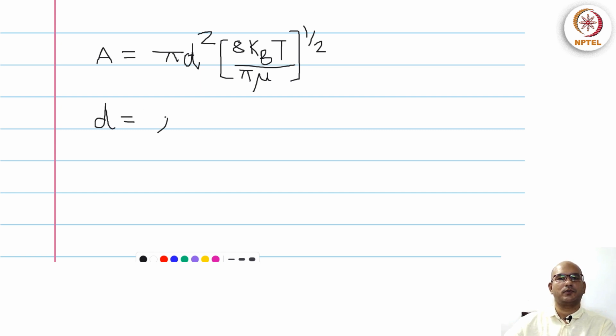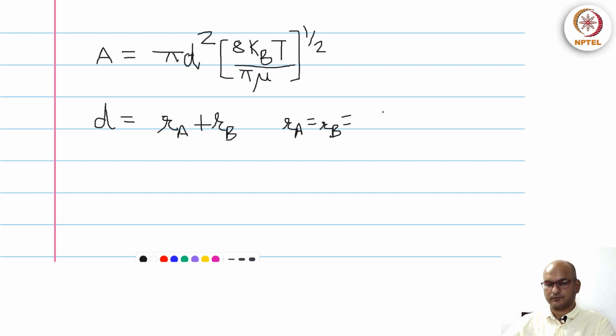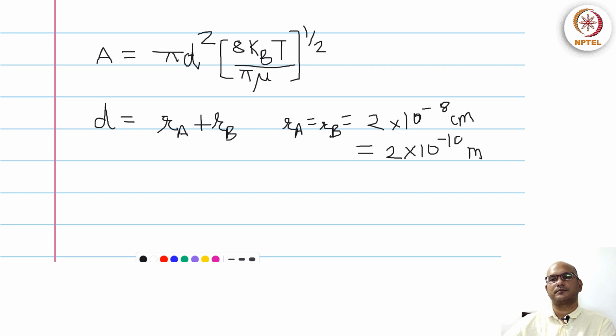d is equal to RA plus RB, and we have been given RA equals RB equals 2 into 10 to the power minus 8 centimeter. Now if we are solving everything, better to use SI units for everything. So it will be 2 into 10 to the power minus 10 meters.